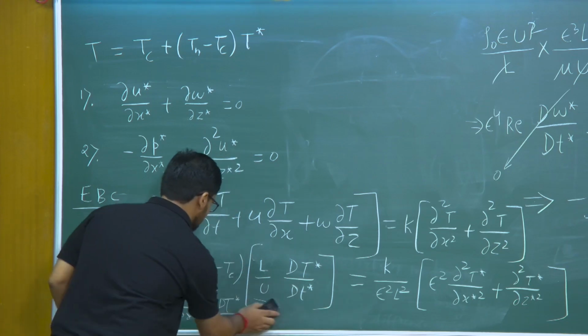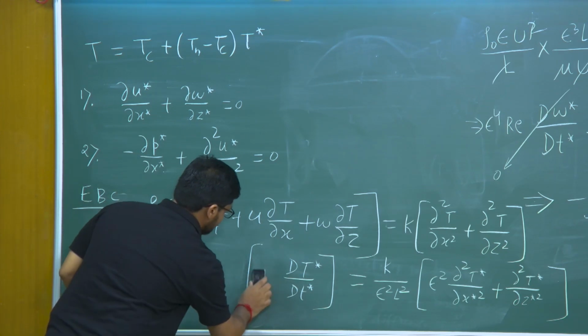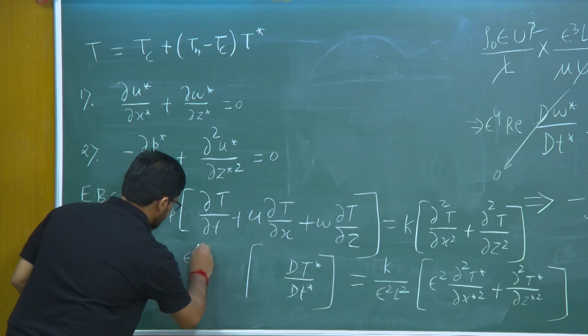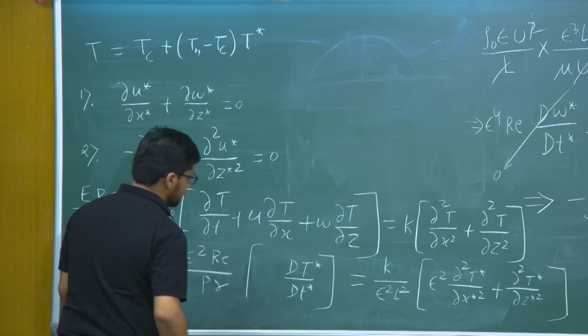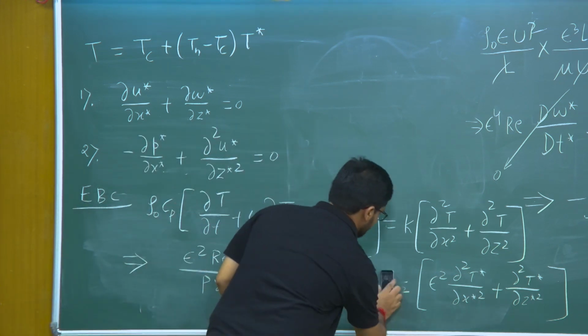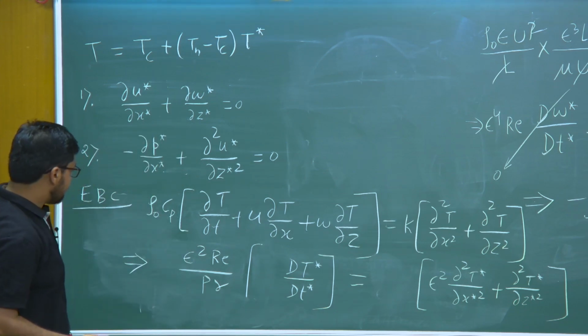I will write it here: epsilon square Reynolds number upon Prandtl number times dt star upon dt star, this is equal to this term. You can try it at home and you will get it.